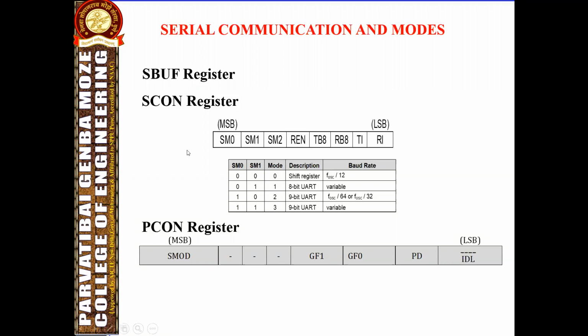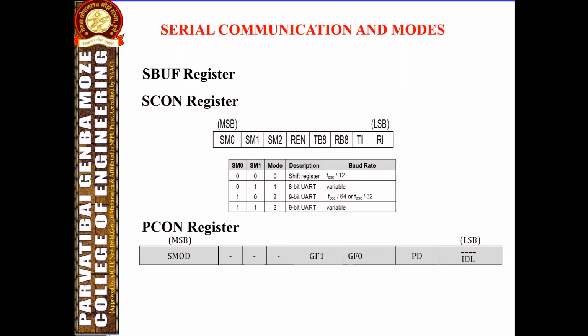REN enables serial reception. It is set by the software to enable the reception or cleared by the software to disable the reception. TB8 is the 9th data bit that will be transmitted in mode 2 and 3, set and cleared by the software as desired.